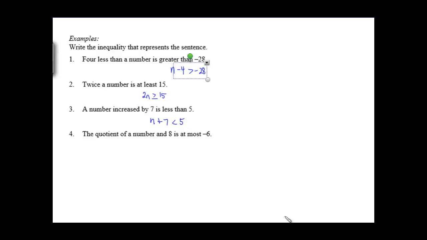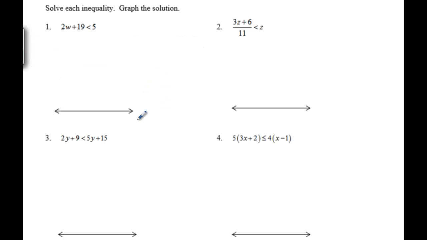And the last one, hit pause real quick. Do it. Okay, what'd you get? The quotient of a number and 8 is at most negative 6. The quotient means division, a number and 8, and at most means less than or equal to negative 6.